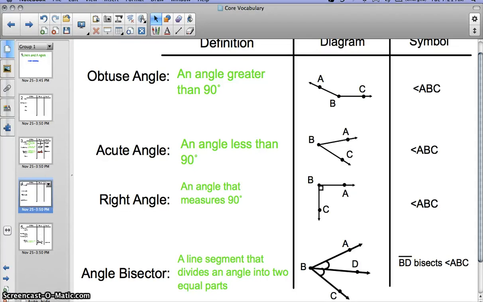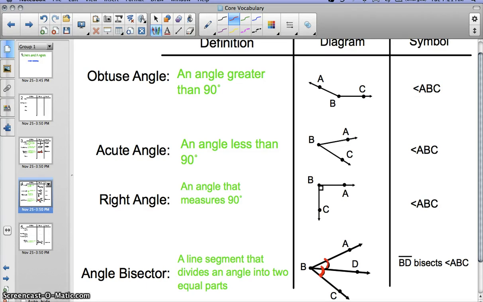And we know this because we see the 2 little kind of circles under the 2 parts, and that is the exact same kind of thing as the hash marks for the segment bisector. Right? The 2 little curved things on the angles just mean that those 2 angles are the same or congruent.